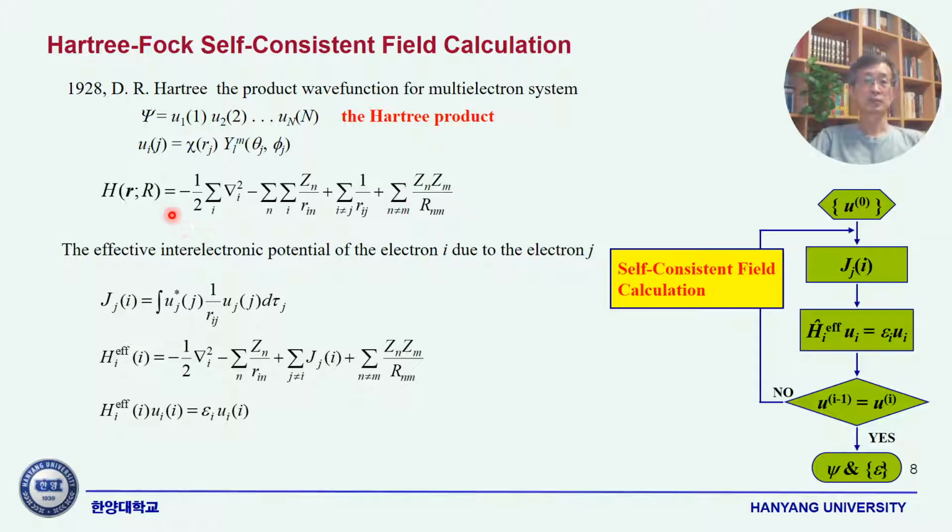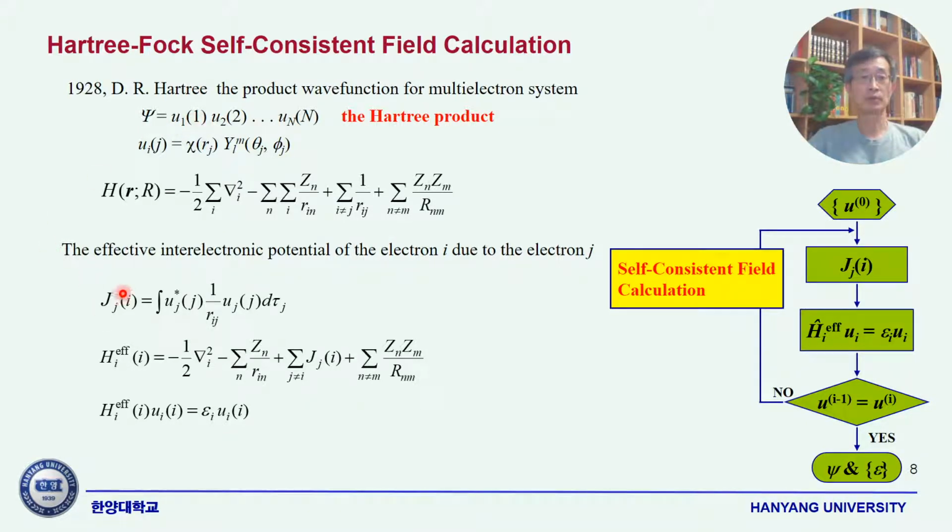In order to solve this, we assume a set of orbitals that are available, known. Then we pick up one electron, let's say electron number 1, and that electron moves around in the field of electrons 2, 3, 4 to n. So it moves in the field of the other electrons.